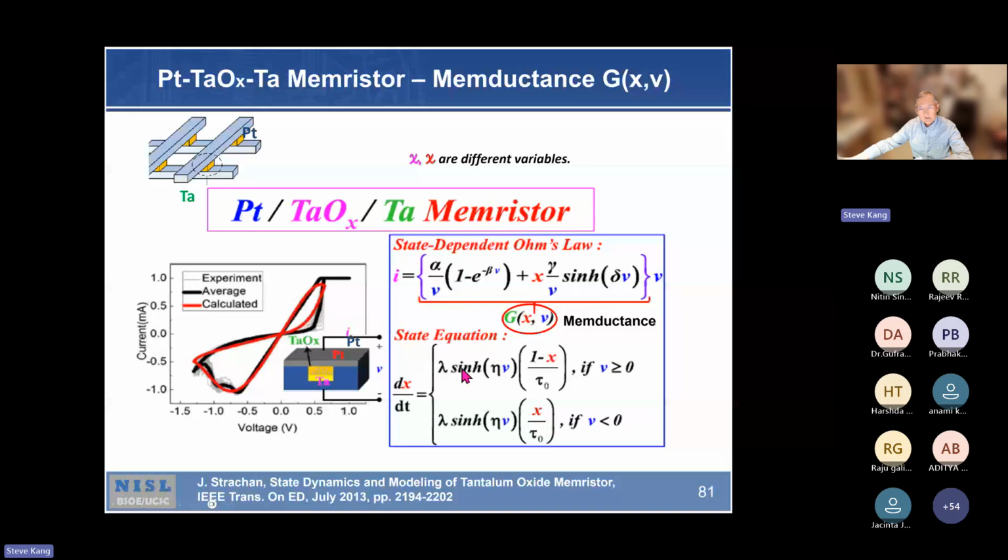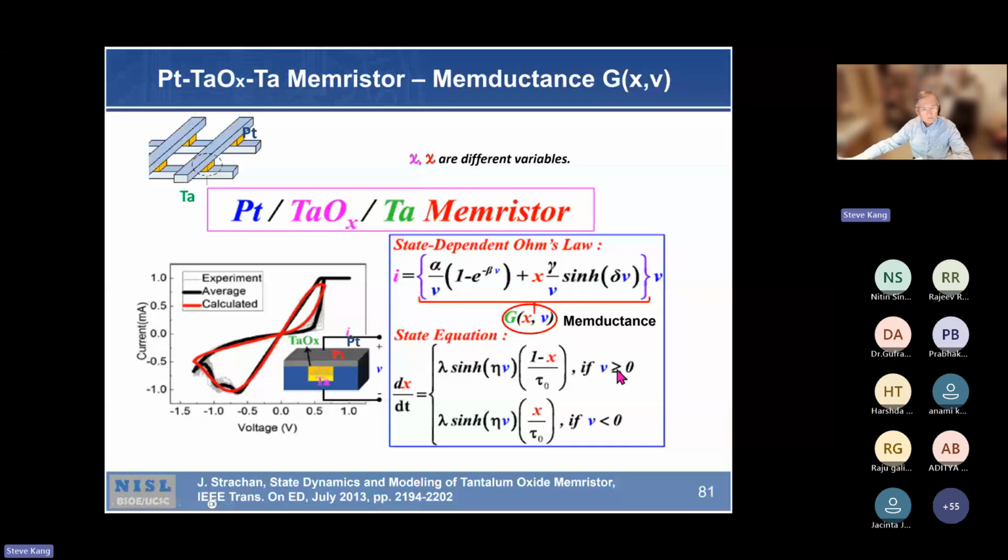And the state equation, you have dx/dt: if voltage is positive, you have this nonlinear equation. If V is less than 0, you have this equation. So this is a highly nonlinear model for this particular memristor.